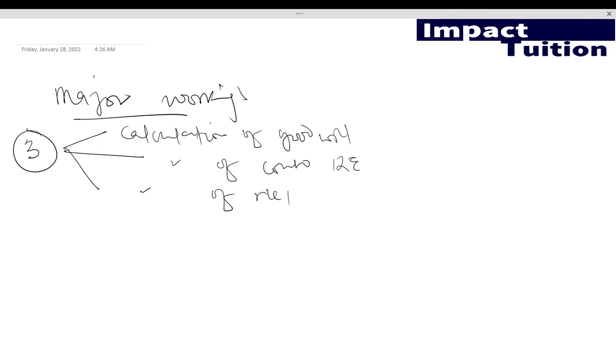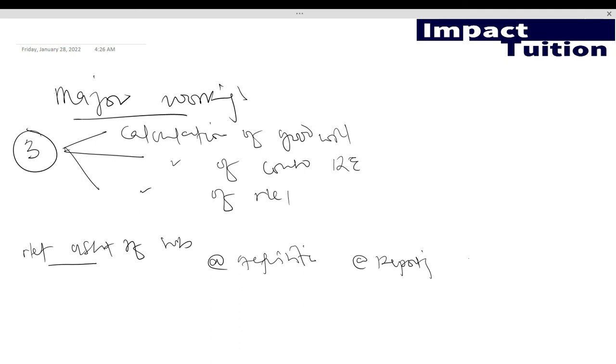So we have a simple calculation set out in this format. The net assets of the subsidiary: we have at acquisition, and then at reporting, then the movement or the difference.